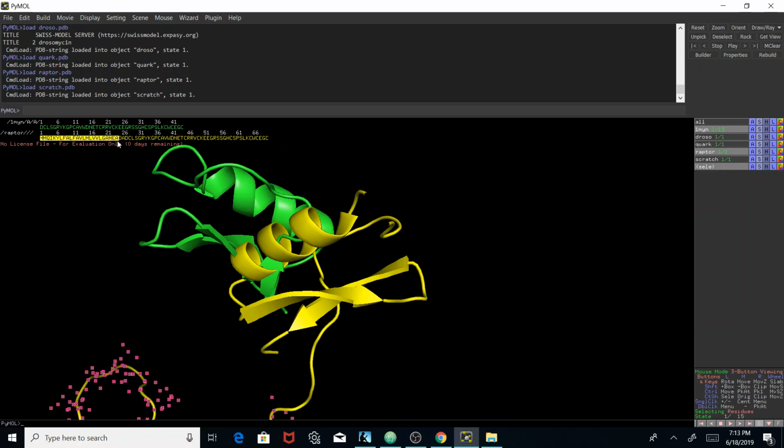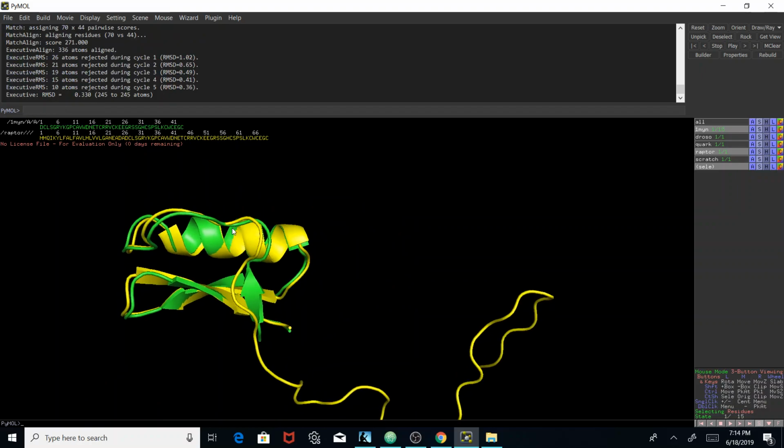The rest, from 1 to 26, is going to be the signal peptide and propeptide. Here I'm going to align Raptor with 1MYN.